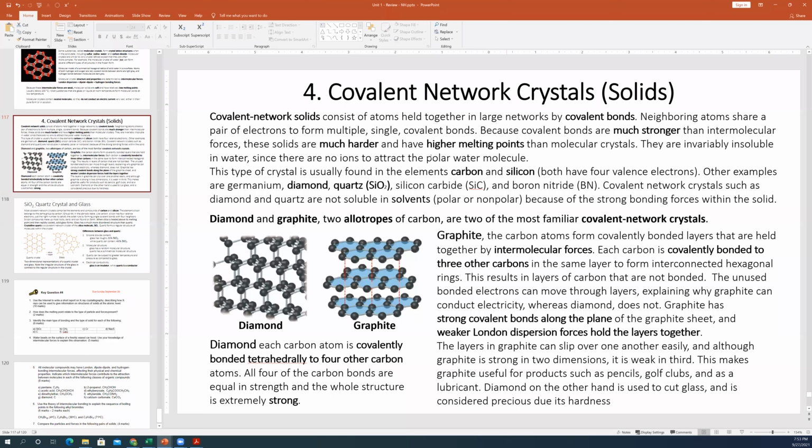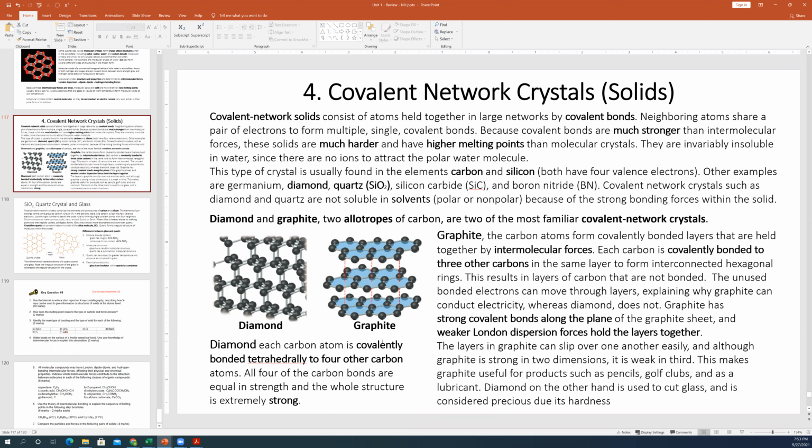If you remember in this covalent network crystal, we talked about diamond and graphite. Both of them are made up of nothing but carbon atoms, yet diamond has very different properties than graphite. Diamonds are extremely hard. Graphite along its planes is not very hard.